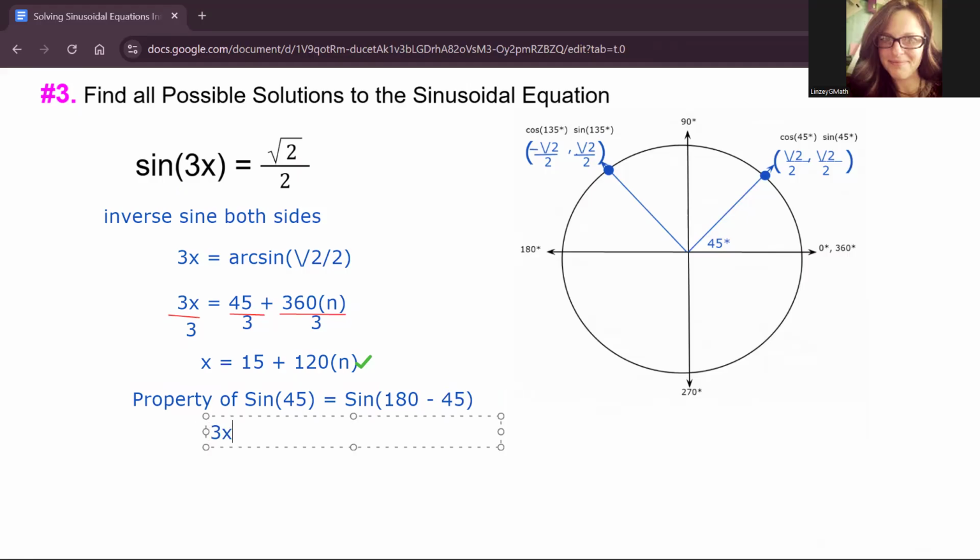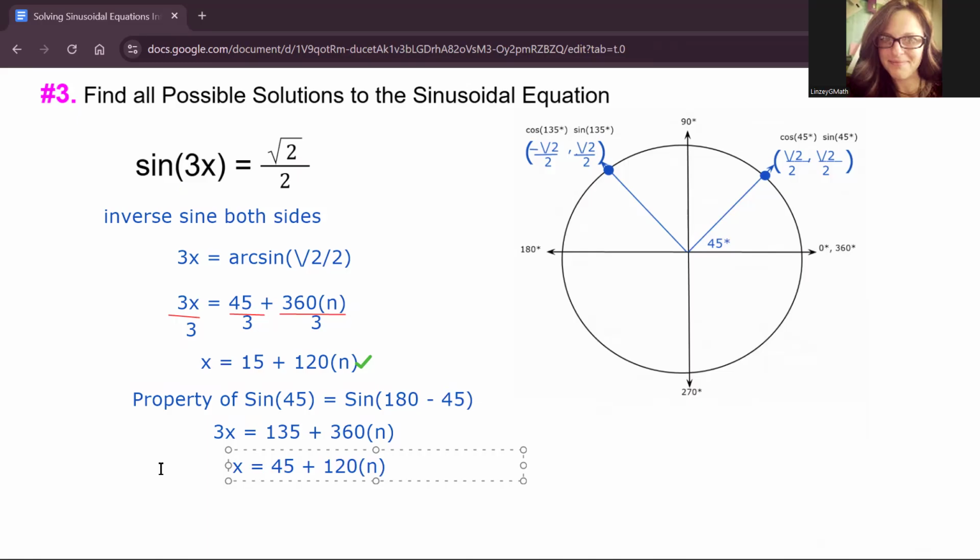So 3x is also equal to 135 degrees plus any number of revolutions around the circle. And once again, we will divide every term by 3. And we get x is equal to 135 divided by 3, we get 45 plus 120n number of revolutions around the circle.